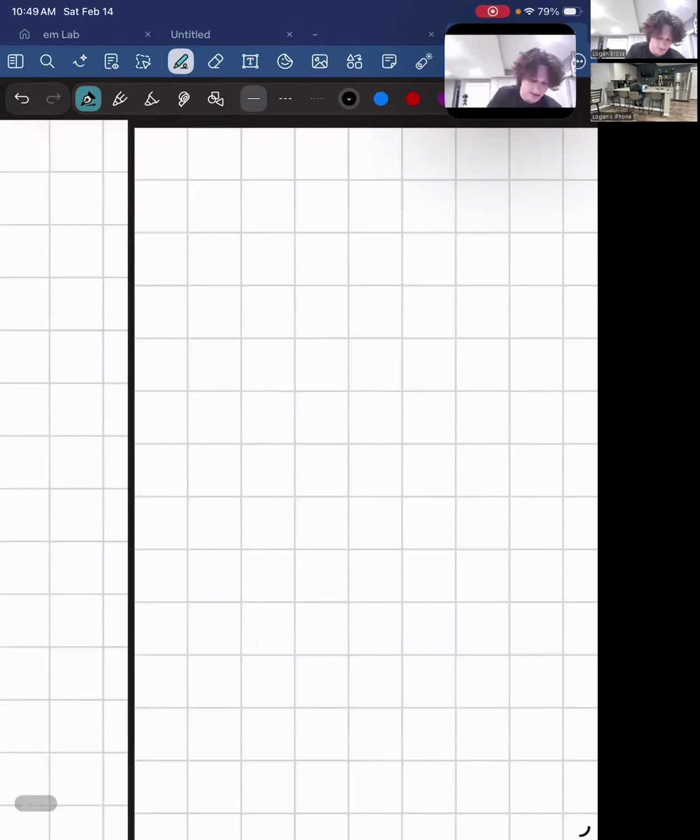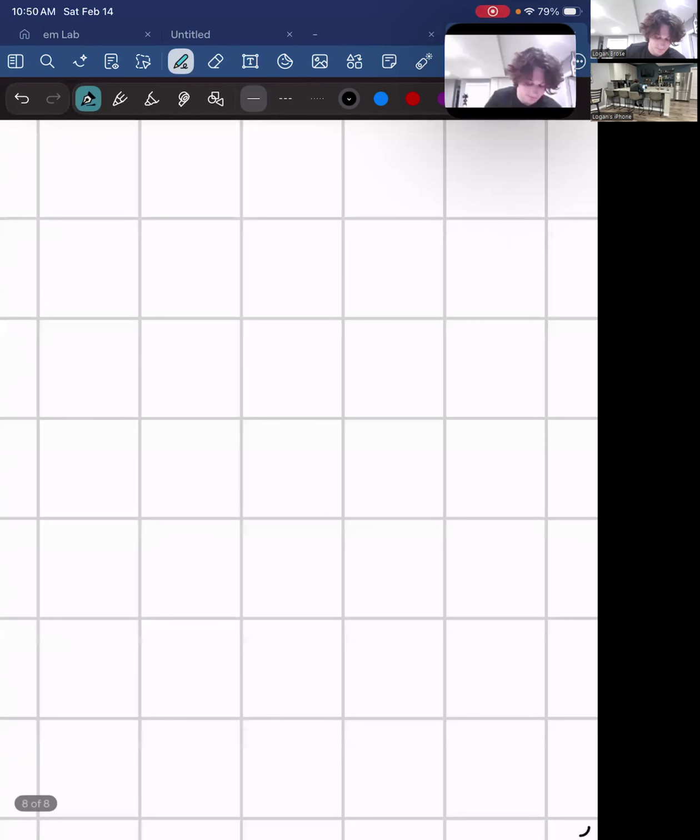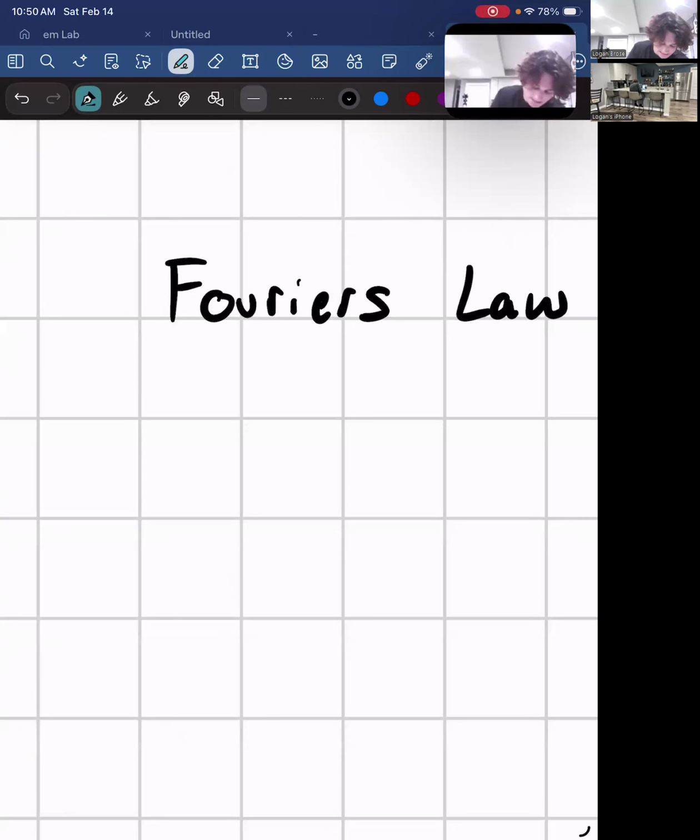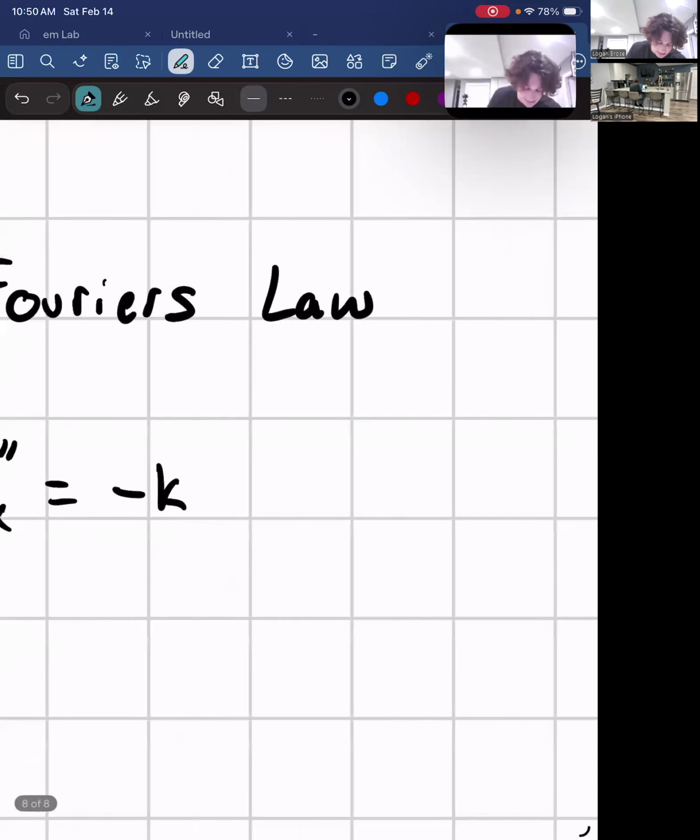So next I'll go a little bit deeper into Fourier's law. So Fourier's law is this heat equation that we used to get to our diffusivity. So it's minus K times the change in temperature over change in position.